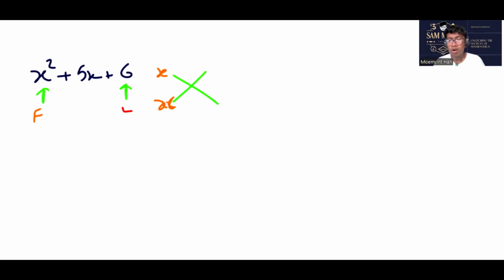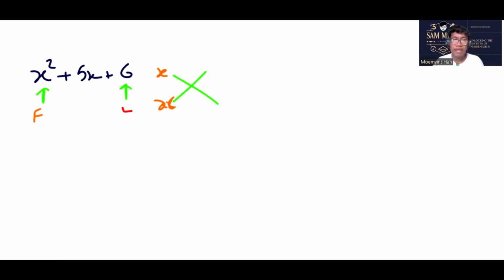There are a lot of numbers that can become 6, right? 2 times 3 is also 6. 6 times 1 is also 6. So there are a lot of ways we can make it into 6. For obvious reason, I'm gonna use 2 times 3. But in some cases, we should use 6 times 1, and so on.